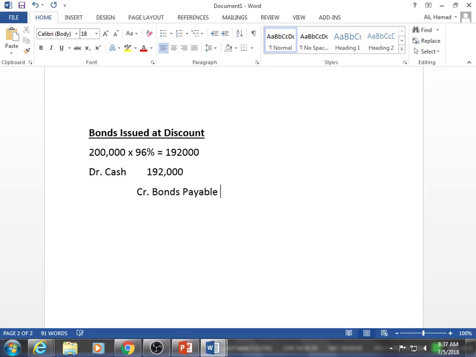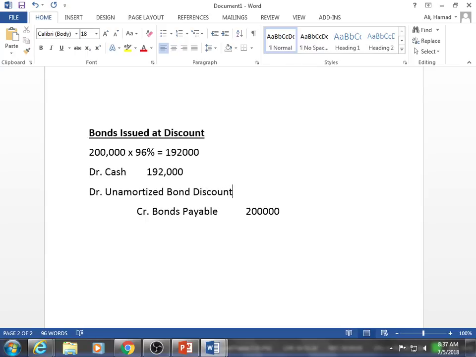Bonds payable for $200,000. So the difference is what? 8,000. And what do we call that? The unamortized bond discount. Debit unamortized bond discount.